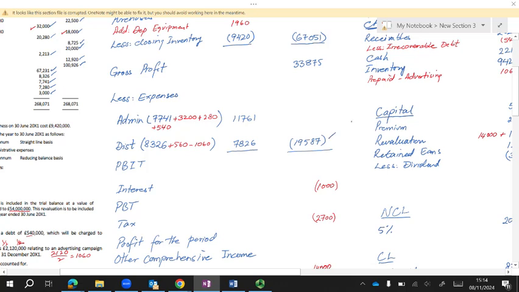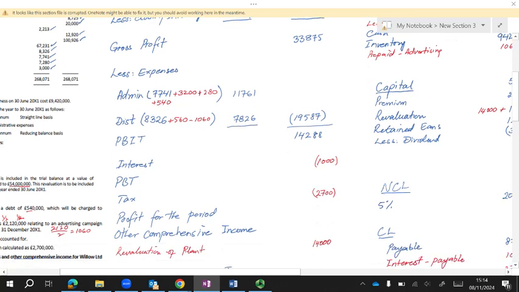If we subtract 19,587 from the gross profit, we will get our profit before interest and tax, and that will be 14,288. If we subtract interest out of it, we'll get 13,288.